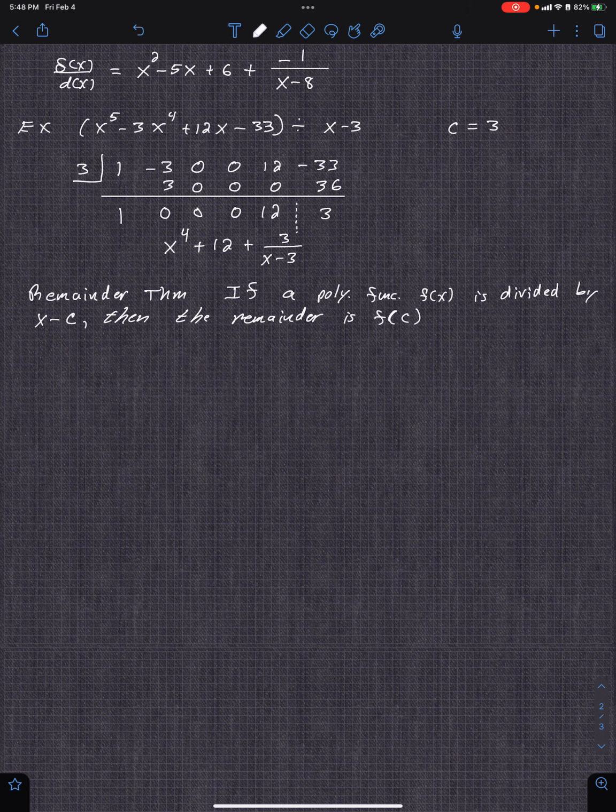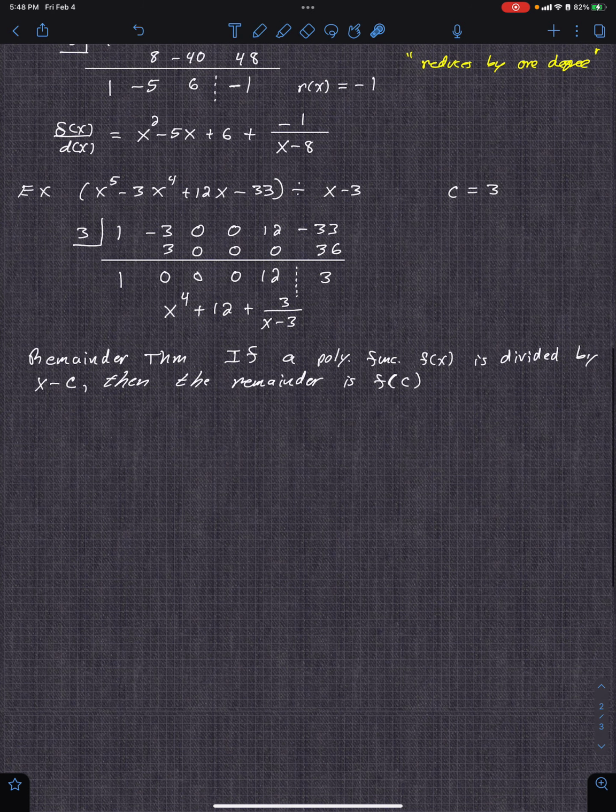So you can evaluate the function at a point c by doing this long division, sorry, synthetic division, which in some ways is easier than actually plugging it in and evaluating.